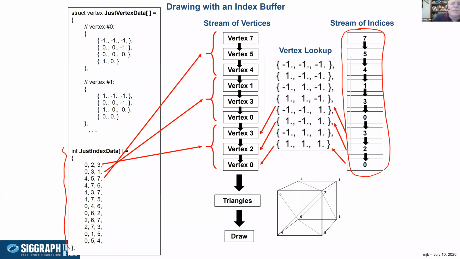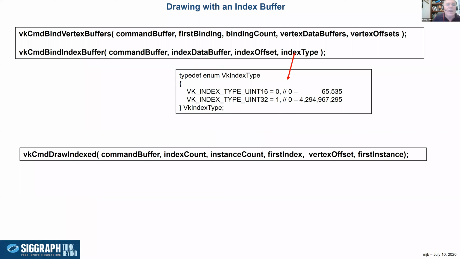So again, if you're using index drawing in OpenGL, this should look very familiar. How do you do this? Well, easy. You say to Vulcan, bind, that is connect up the vertex buffer that I need, and bind, connect up the index buffer that I need, and then I say draw indexed.